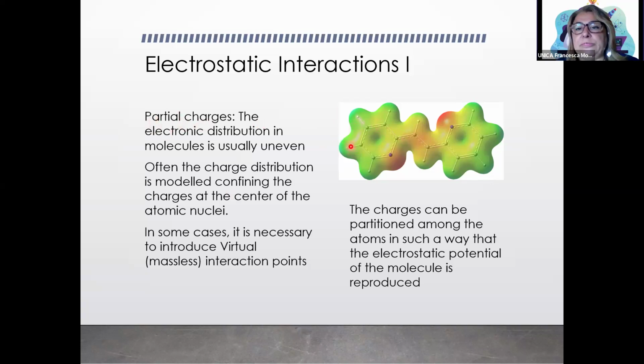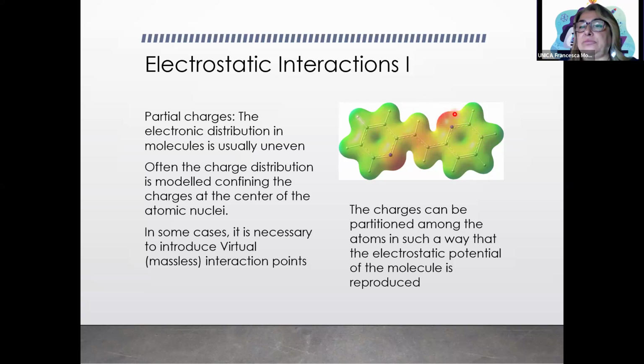As we know, even in a neutral molecule, the electronic distribution around the molecule is uneven. Here we have a representation on the molecular surface of this molecule, with a color code to represent the electrostatic potential.